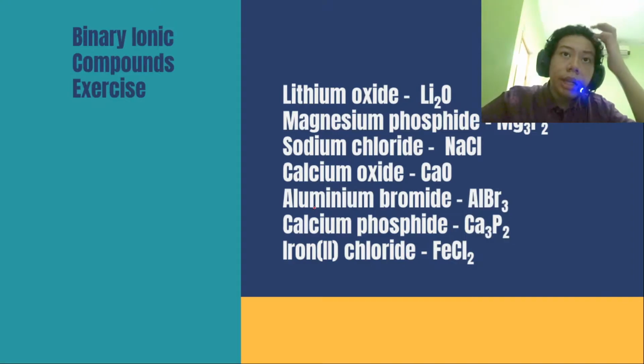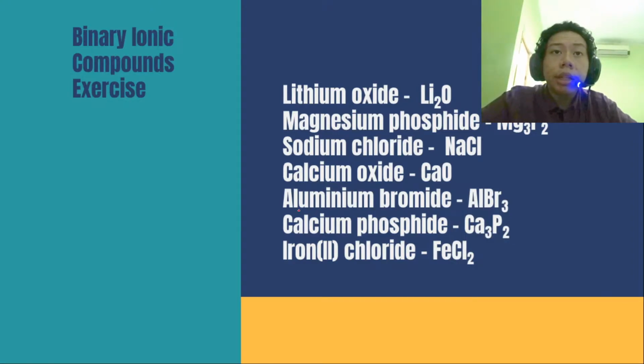Okay, next is aluminum bromide. Aluminum has +3, bromide has -1. Aluminum is Al, bromide from the word bromine is Br, so we use the crisscross method. Then we got AlBr3.